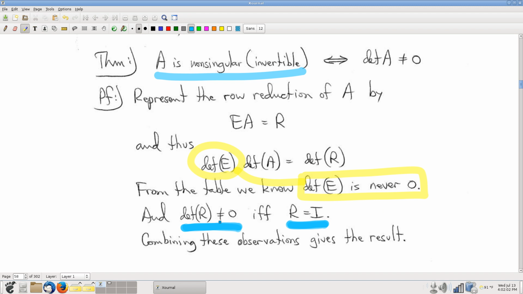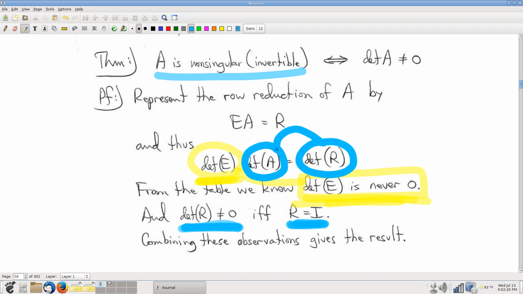There's a 0 on the diagonal, and the determinant is 0. So it's the identity if and only if the determinant is non-zero. And from this equation, and again, using the fact that this determinant is never 0, the determinant of R is non-zero if and only if the determinant of A is non-zero. That proves our result.